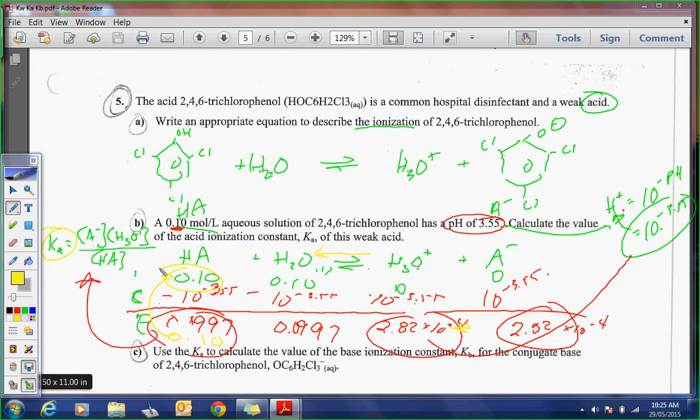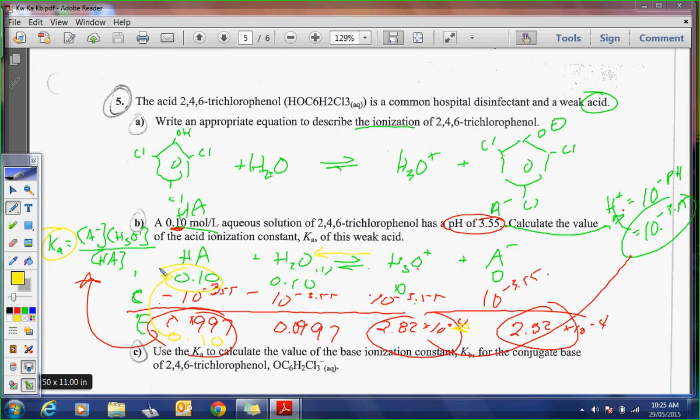If your Ka is really small, in this question you didn't know if your Ka was very small, so you had to do it. But where do you know if your Ka is really small? In your data booklet. So if you're using a Ka from the data booklet, and it's really small, here's the bit where I'm skipping over. It'll always be really small for Chem 30. All your Kas will be really small for Chem 30.